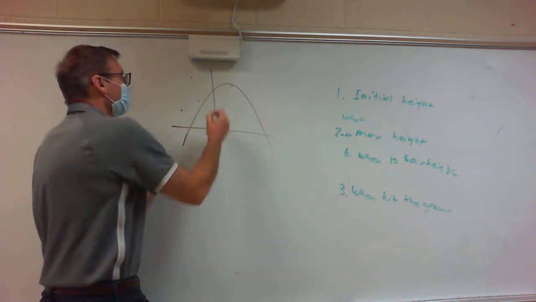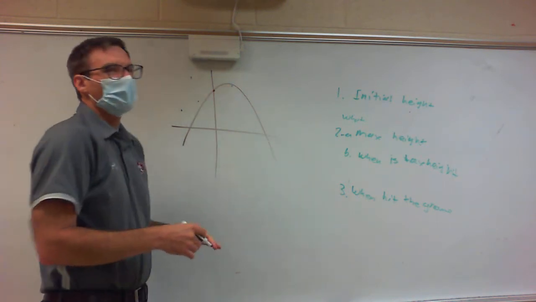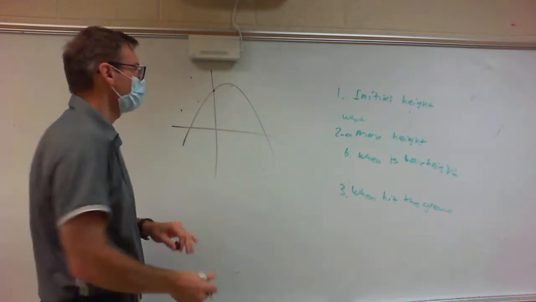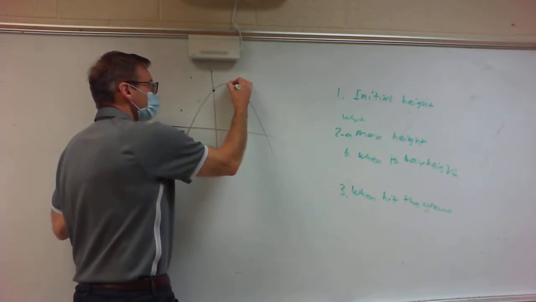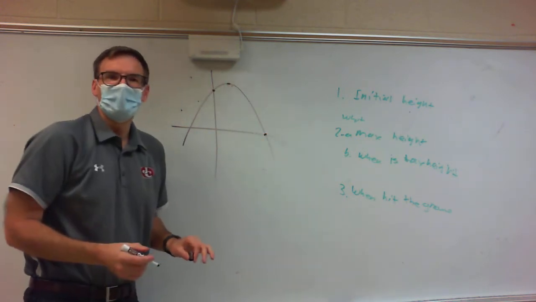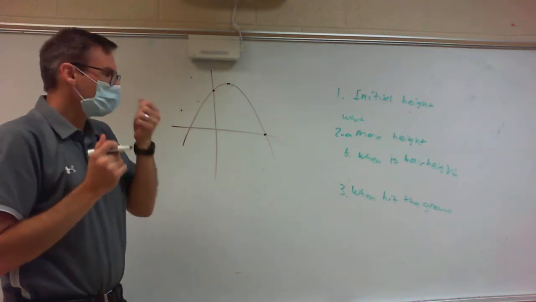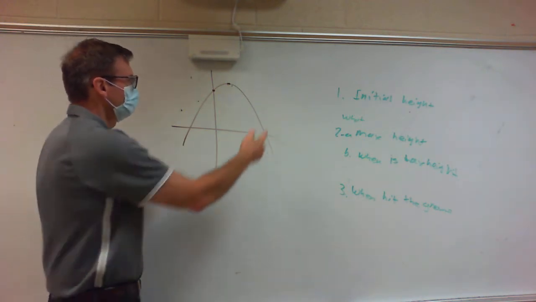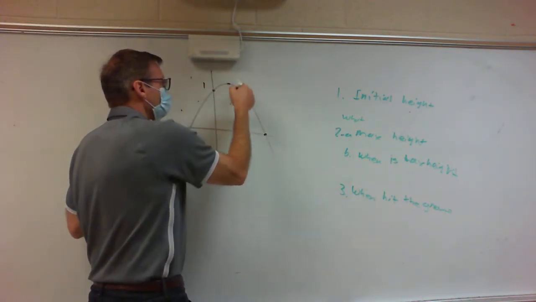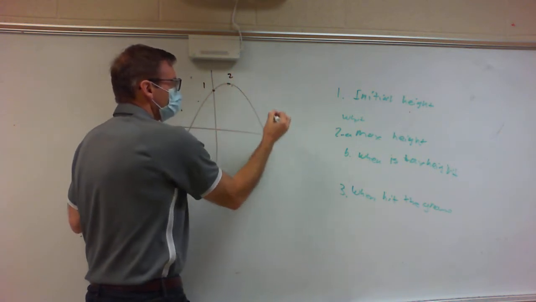Okay? And there are 3 spots that are important. There's this spot, there's this spot, and there's this spot. And it turns out those 3 spots correspond to, this corresponds to question 1, this corresponds to question 2, and this corresponds to question 3.